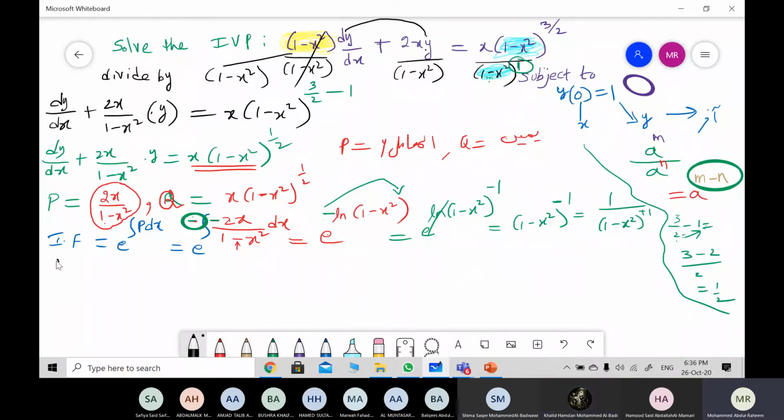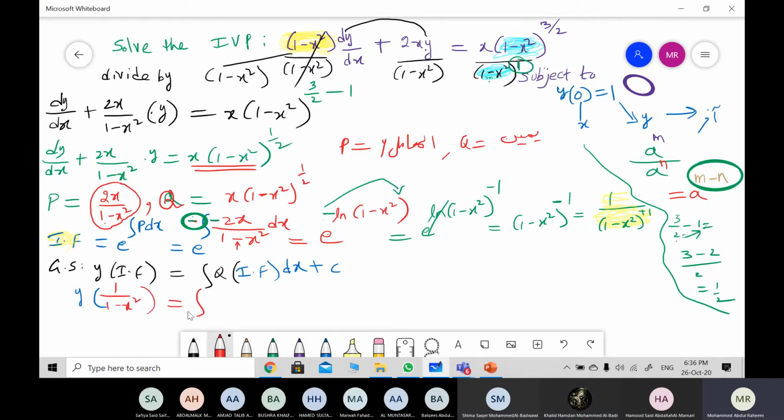Next one will be the general solution. As we know, y times the integrating factor equals integral of Q times the integrating factor plus c, with dx. The integrating factor is 1 over 1 minus x squared. We write here integral of Q, how much?